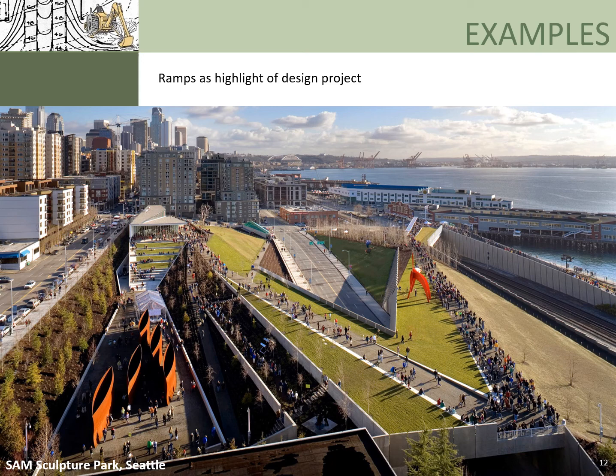And you can see an existing road here that blocks public access to the waterfront. So these ramps rise over the road and reconnect the urban core to the revitalized waterfront. At the same time, these ramps capitalize on views of the skyline and the bay.